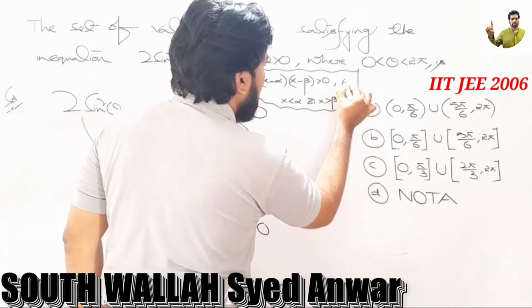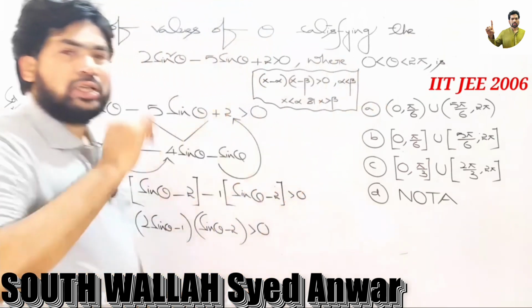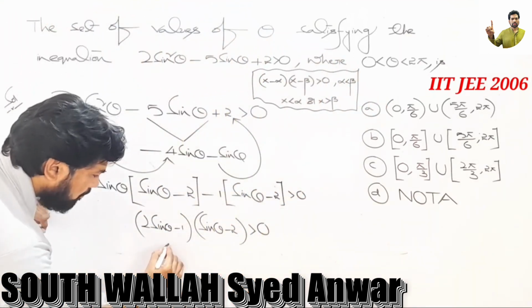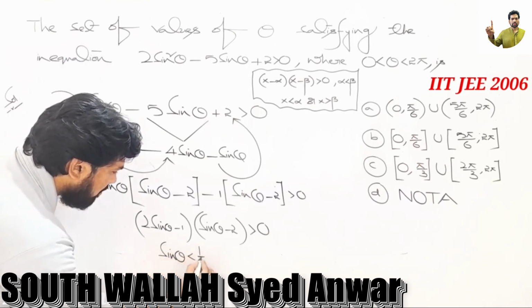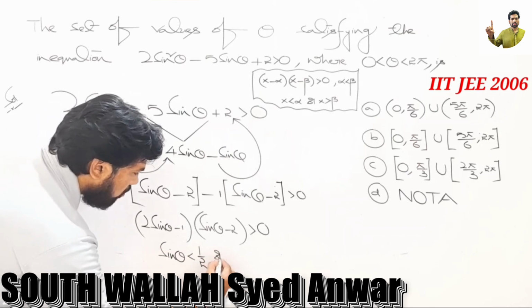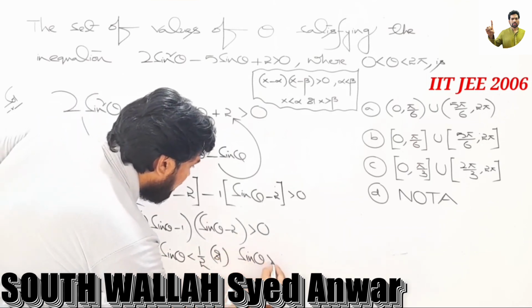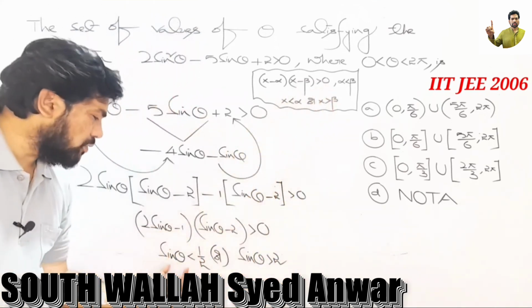Here the condition is alpha less than beta, and beta is the greatest here. So that means sin theta less than 1 by 2 or sin theta greater than 2. According to this notation I have written like that.